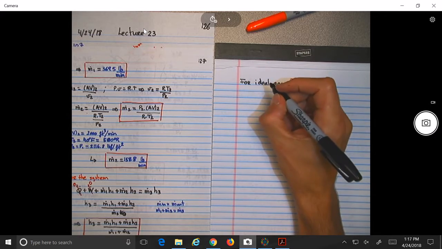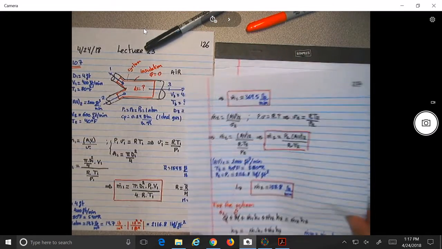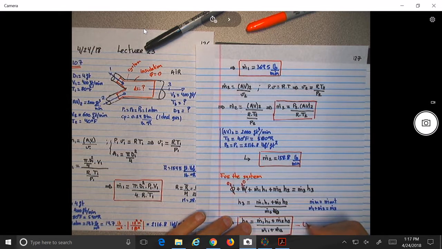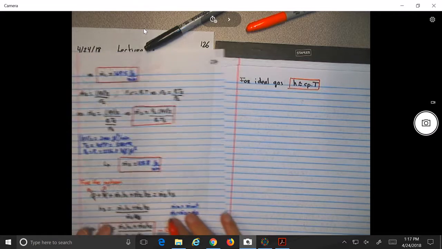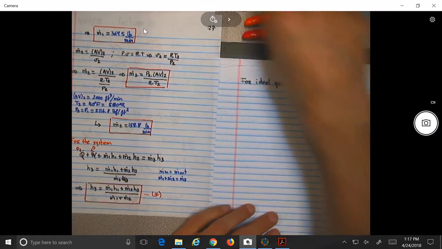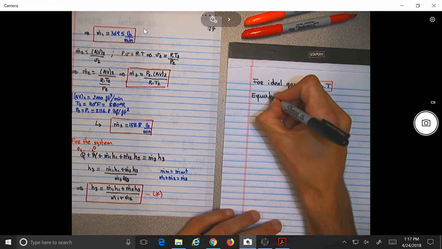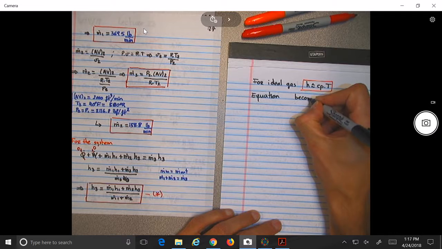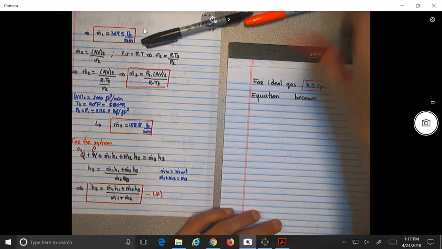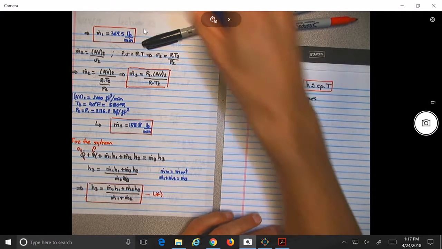So let's say this equation here, equation star, becomes what?